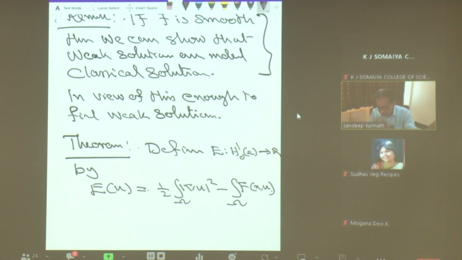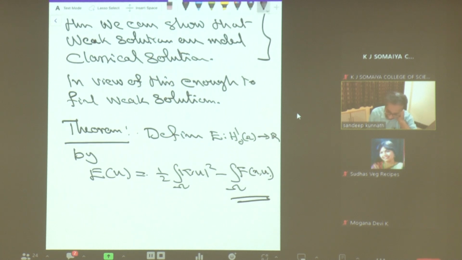There are some assumptions on f, where small f and capital F were defined before. When you write something, you have to make sure that all these integrals are finite. That can be done by assuming some growth conditions on small f, which I started with.